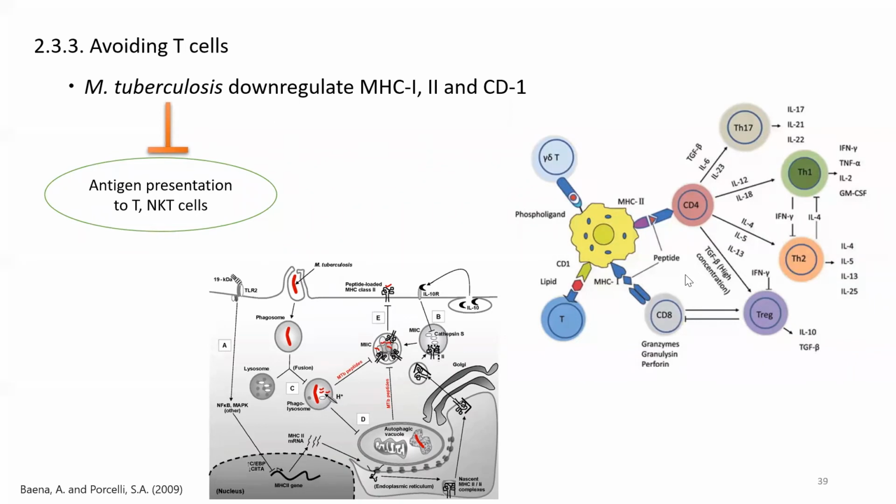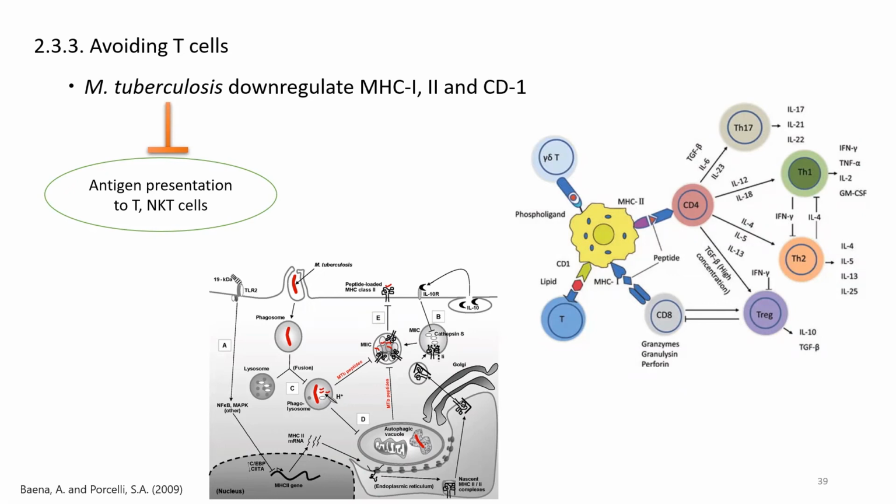The third mechanism by which intracellular bacteria avoid our immune response is that they may down-regulate surface markers, in particular MHC class 1, class 2, and CD1.